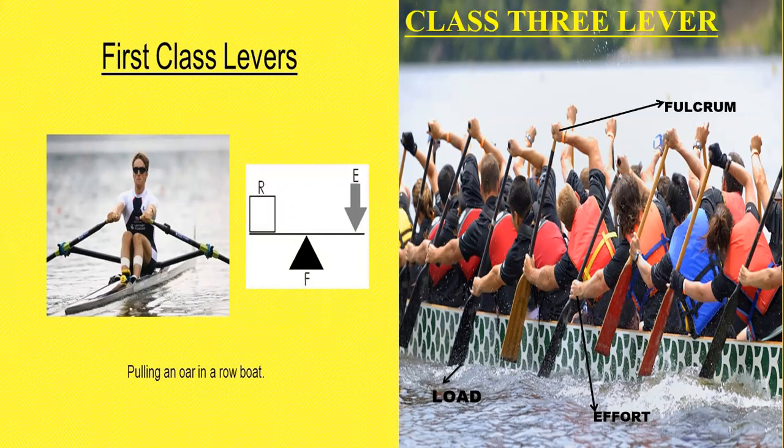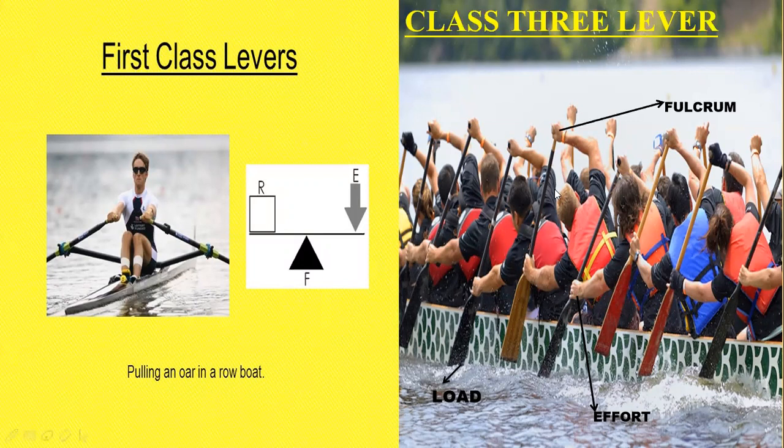This type of rowing a boat, which is leisure rowing, is giving us a first class lever. So this type of long handle oar used for rowing a boat by a single person acts as a lever of class 1.